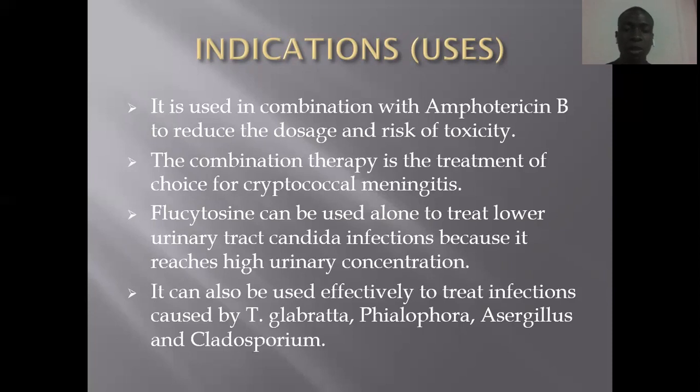So usually we use it with amphotericin B to treat cryptococcal meningitis. Flucytosine can be used alone to treat lower urinary tract candida infection because it reaches high levels in the urinary tract. So when somebody has a urinary tract infection, you can use this drug. This drug can also be used effectively to treat fungal infection caused by various fungal organisms.